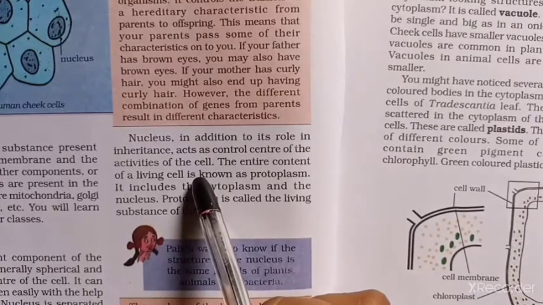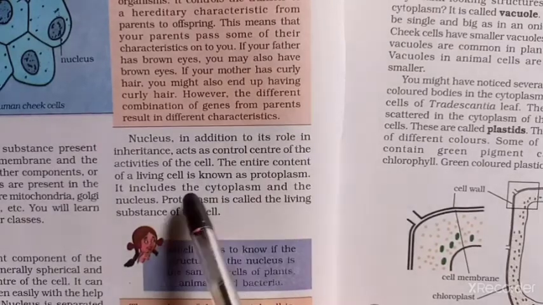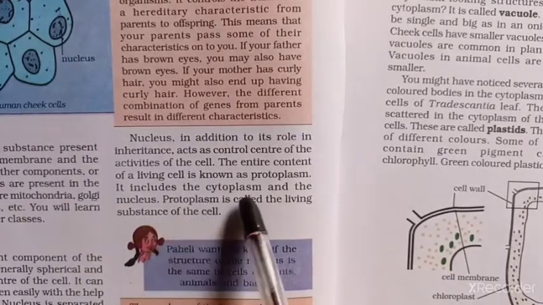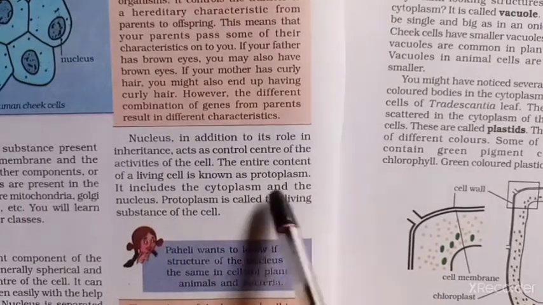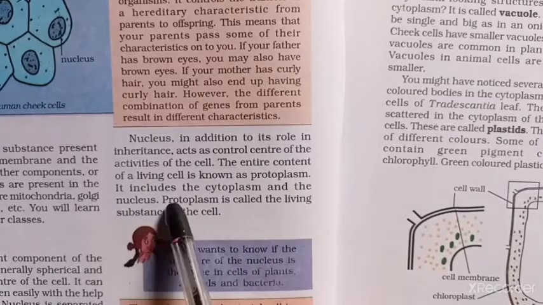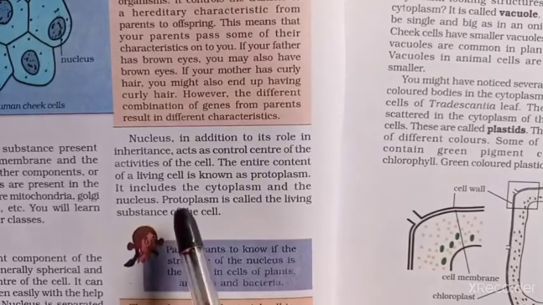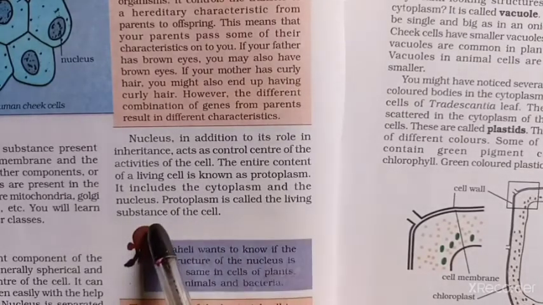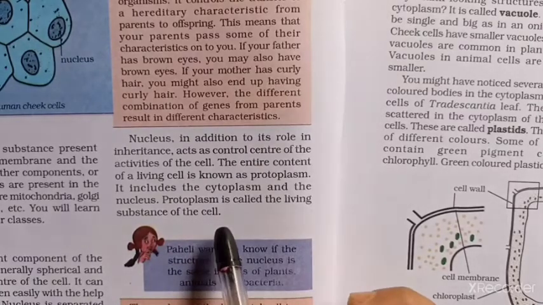So it is also known as the brain of the cell. The entire content of a living cell is known as protoplasm. It includes the cytoplasm and the nucleus. So protoplasm is called the living substance of the cell.